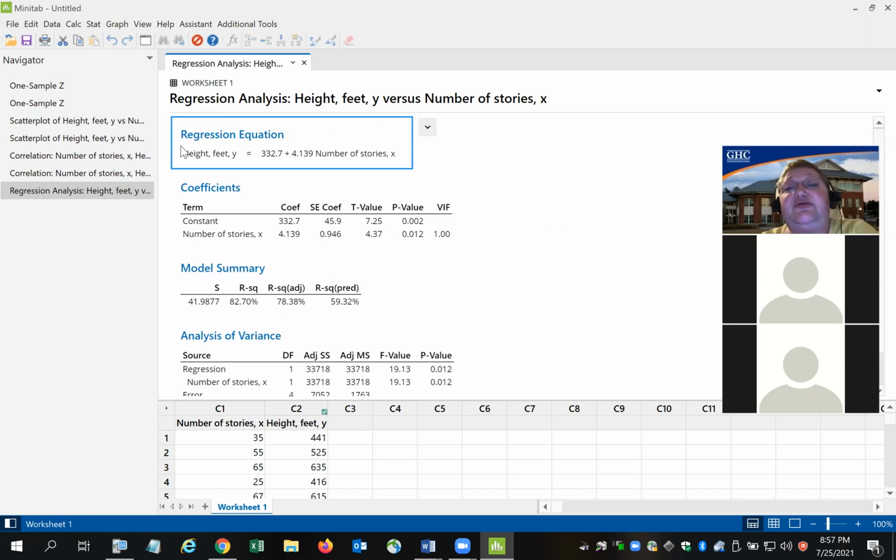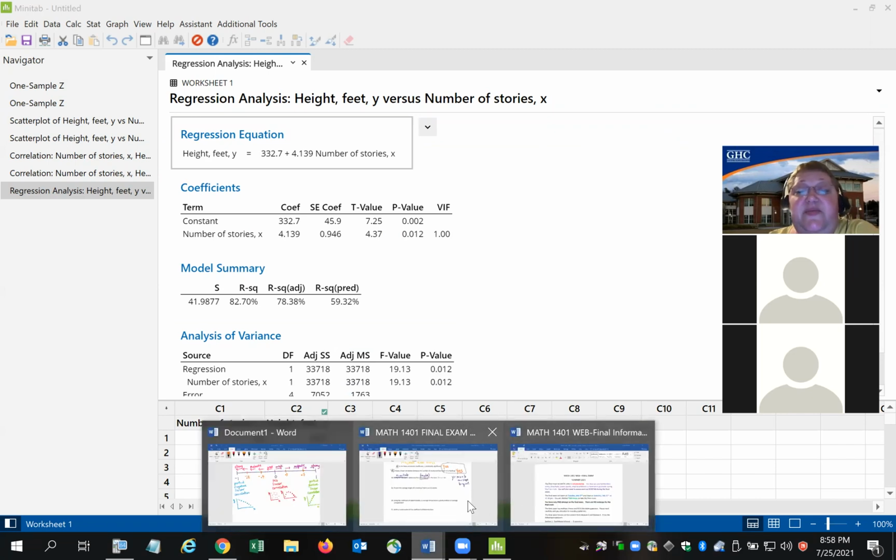It is clearly labeled regression equation. Now you have to write it in terms of the y and the x. Because notice, when I labeled my columns, I labeled them y and x accordingly, so my equation is going to be y equals 332.7 plus 4.139x.